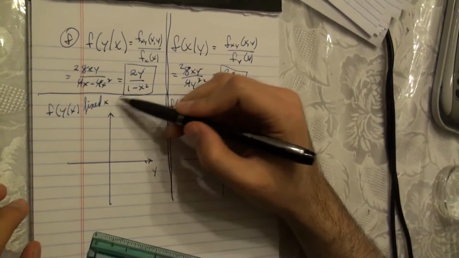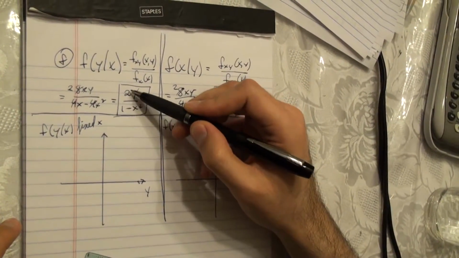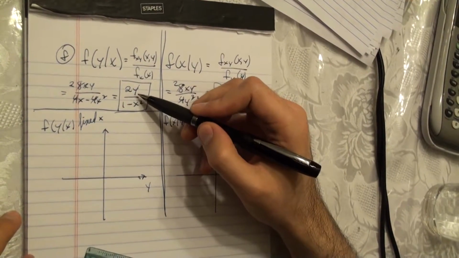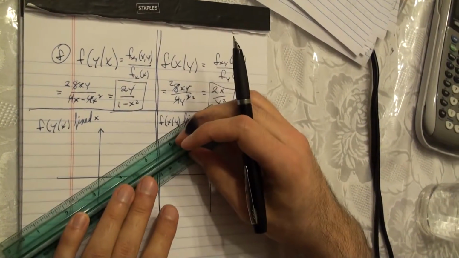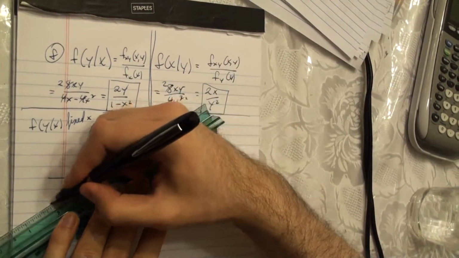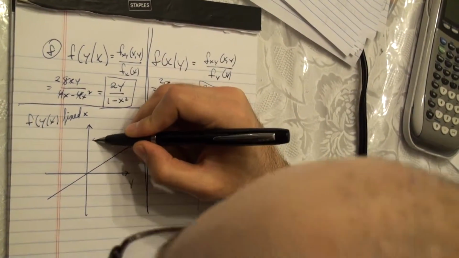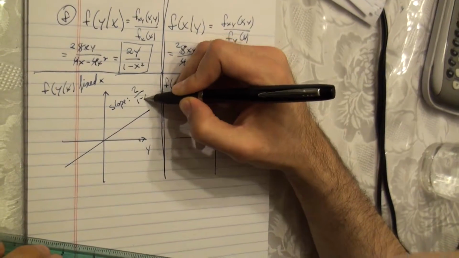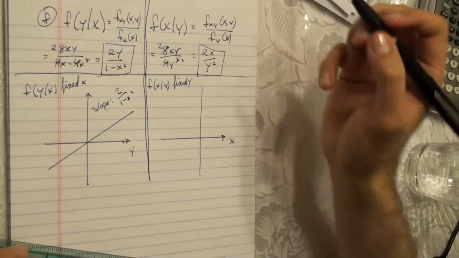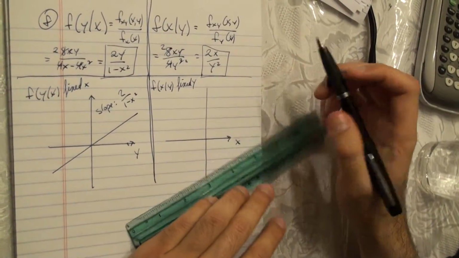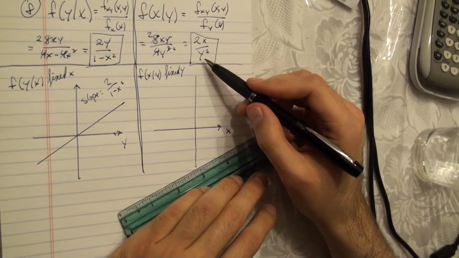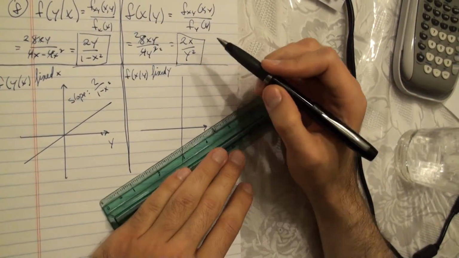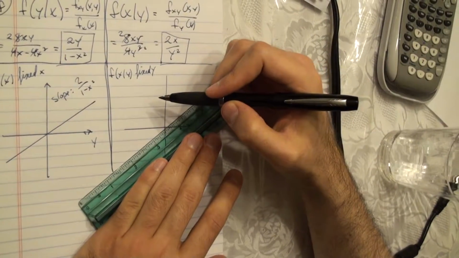For fixed x, 2 over 1 minus x squared is a constant times y, so it's just going to be a line with slope 2 over 1 minus x squared. For this one we're fixing y, so 2 over y squared is a constant times x, which again becomes a line.